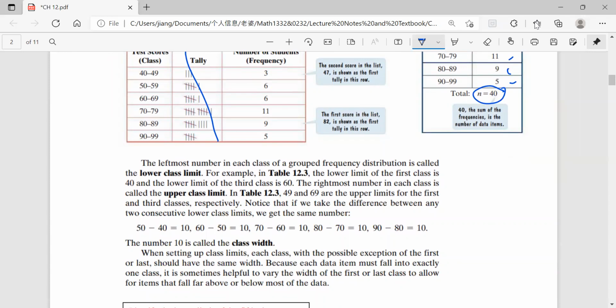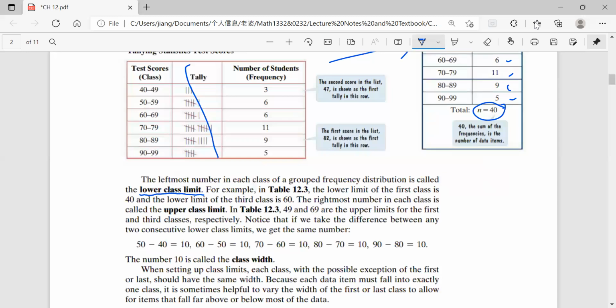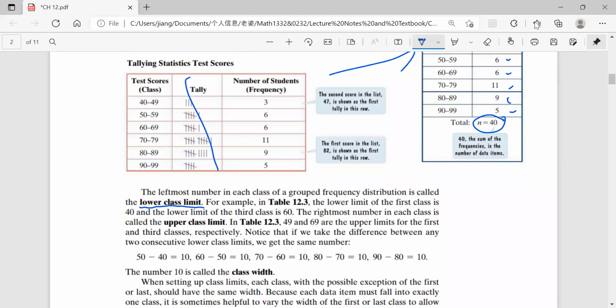Let's see two definitions. The first one is lower class limit. The lower class limit is the leftmost number in each class of the grouped frequency distribution. For example, for the first class, the lower class limit is 40.